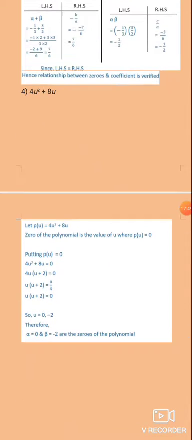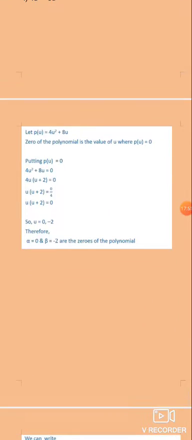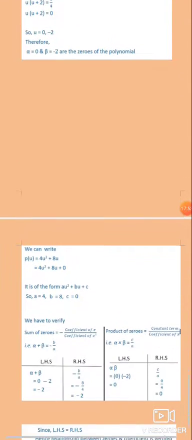Therefore alpha is equal to 0, beta is equal to minus 2. Now the sum of zeros: alpha plus beta is equal to 0 plus minus 2, which is minus 2, which is equal to minus b by a. Here we can write minus 8 by 4.